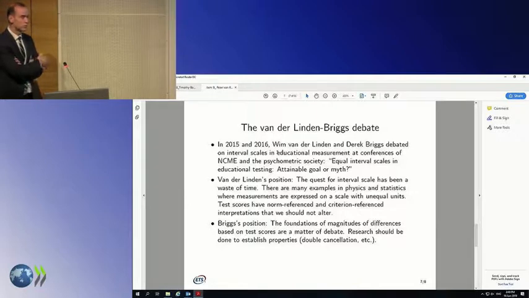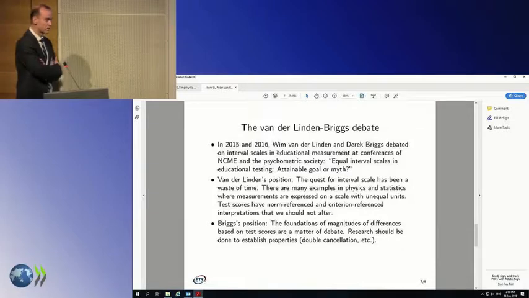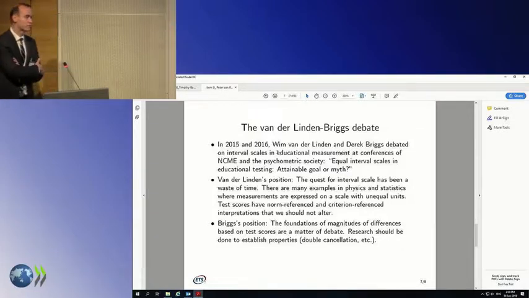So you have to do double cancellation and so on on your measurement variables to check if interval scale properties can be used. I thought to bring this up here because I think it's quite interesting.